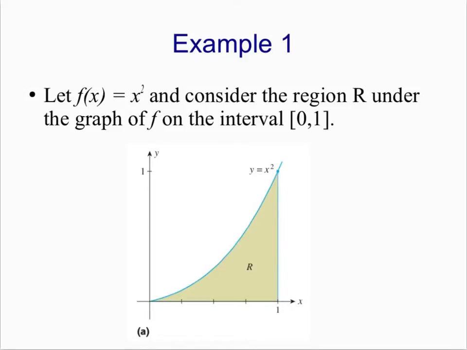So here's the strategy. Let's take a look at a familiar function, x squared. You can see the graph of x squared is down here. It's this blue curve. And if we focus on the interval from 0 to 1 on the x-axis, we can talk about region R here, which is the shaded area underneath the curve f of x equals x squared.